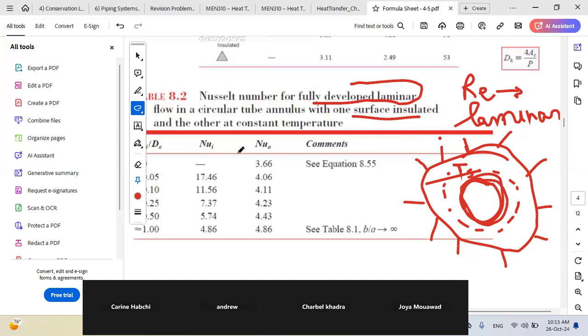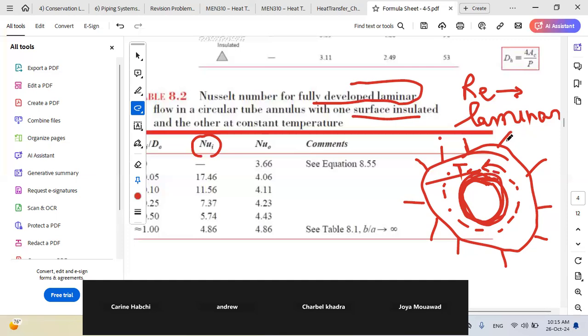Now, as you can see here, they are giving us two Nusselt numbers: one for the inner surface, and one for the outer surface. But in our case, since insulation is on the outer side, the Nusselt number of interest will be for the inner surface, because we have convection with the inner surface, since the outer surface is insulated.